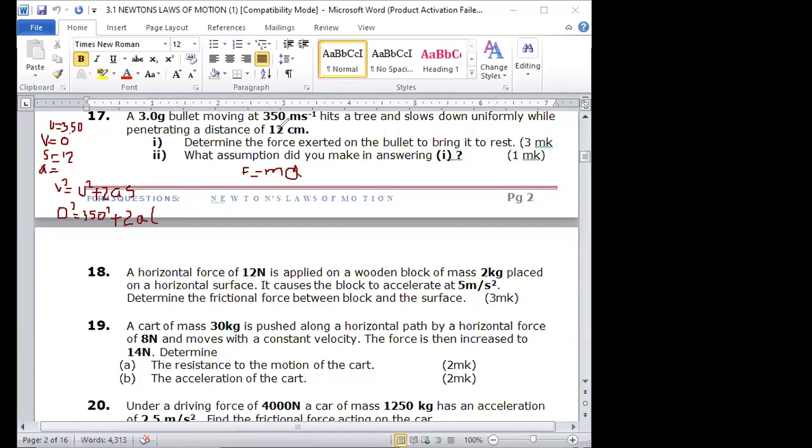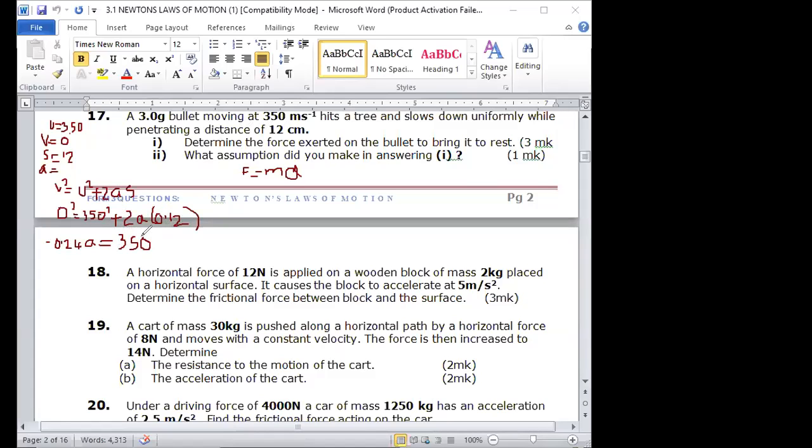S is in centimeters, you have to convert it to meters. So 0.12. Therefore, this becomes 0.24A. Bring it to the other side, it becomes negative 0.24A is equals to 350 squared.